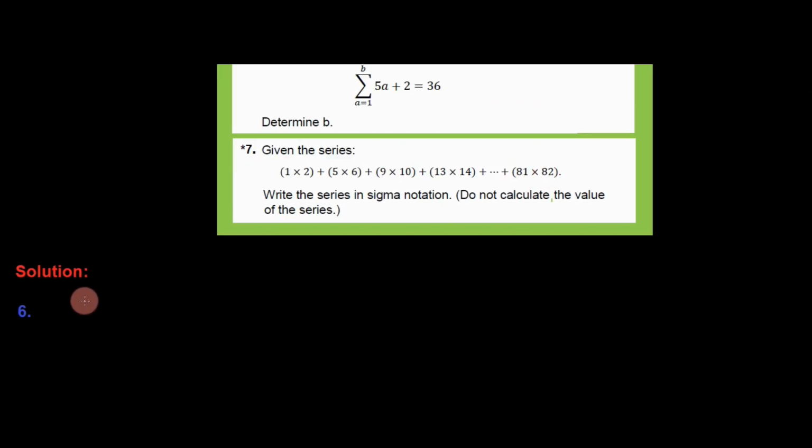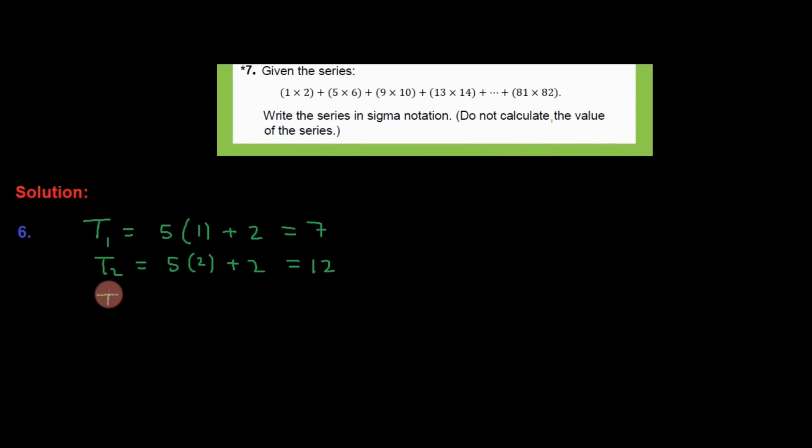We find the first 3 terms. So term 1 we get by plugging in 1 for a. So term 1 is 7. Term 2 we plug in 2 for a, and it comes to 12.